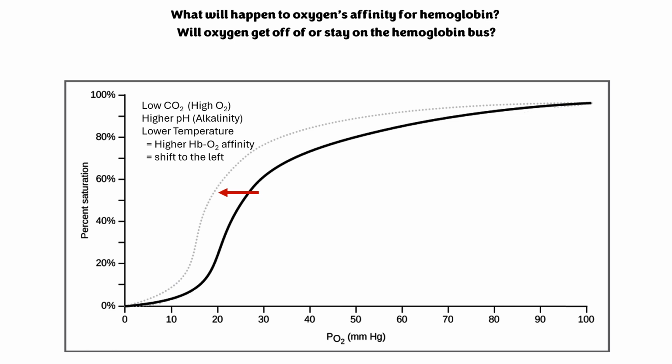So it's a dynamic relationship between oxygen in the environment and the ability or the inclination for oxygen to either remain bound to hemoglobin or to release from hemoglobin. And in this case, because we had the right set of factors in the environment, oxygen is going to stay strongly bound to hemoglobin and remain on the hemoglobin bus.